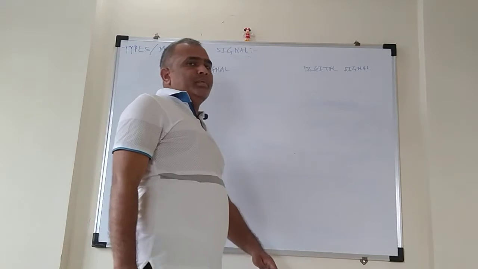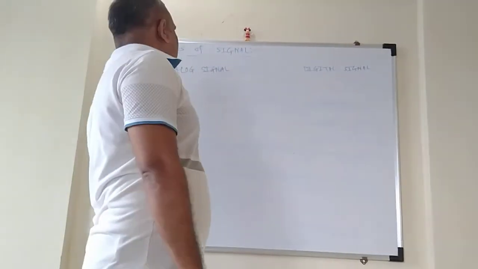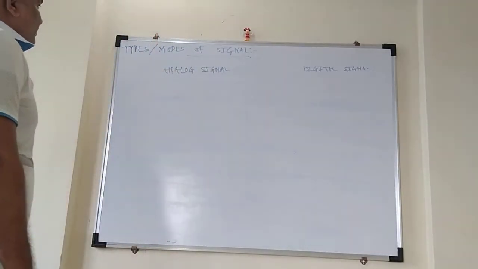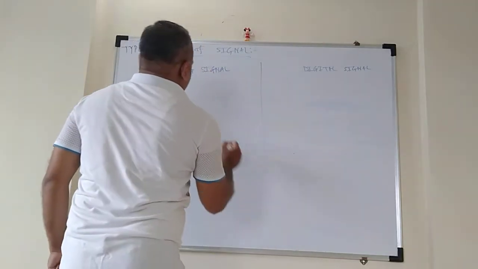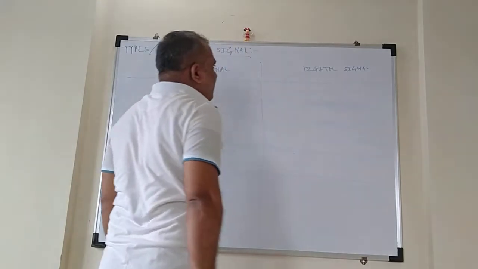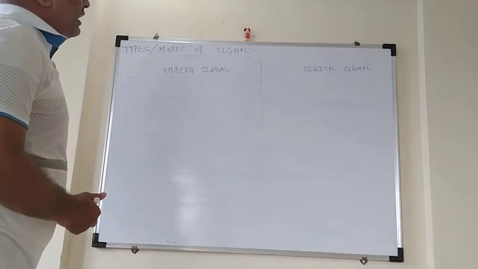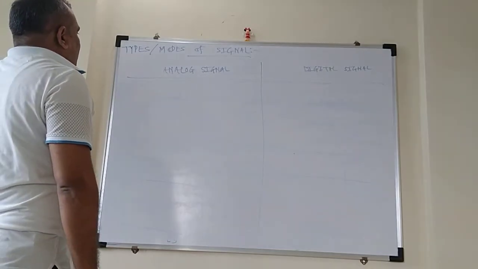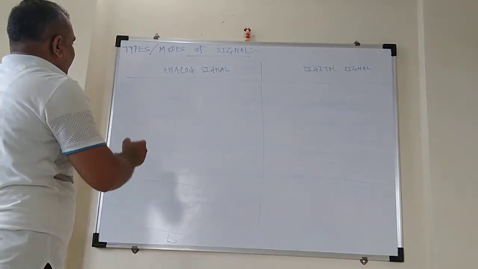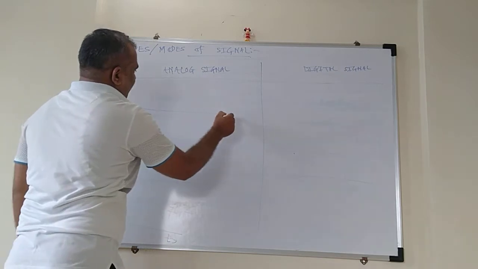Let us take this example and try to understand what analog signals and digital signals are. So let's go first for analog signals. Let's study them comparatively so that you can understand both kinds of signals very well. To understand analog signals, let me take an example of a sine wave.